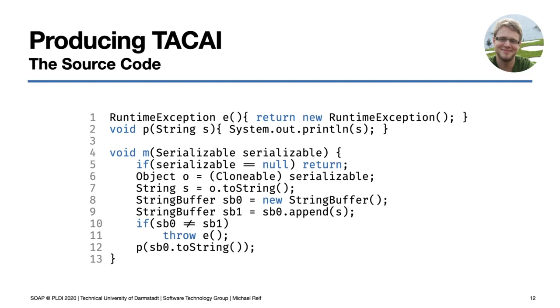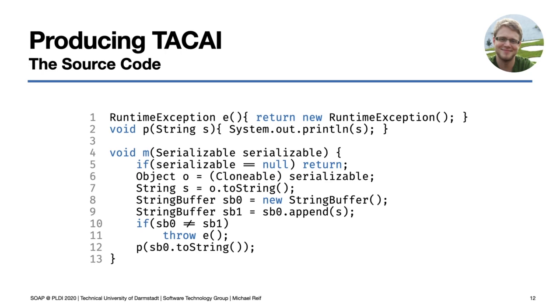Then we have an object, a local variable o, which casts the serializable to a cloneable, and then we also call the object's toString method and save the string s. Then we create one new StringBuffer, sb0, and append s using the sb0's append method, and get another StringBuffer. For all of those that don't know the StringBuffer interface, the StringBuffer usually returns a self-reference.